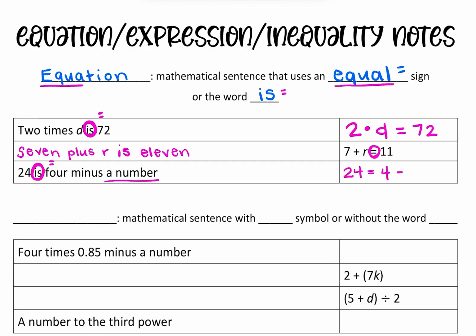It doesn't say what the number is. It just says a number. So I am just going to put N for number. So 24 equals 4 minus a number. So 4 minus N. We don't know what the number is, so we're just going to put a random letter. 4 minus N. Okay, so that's an equation. Equations have an equal sign or the word is.